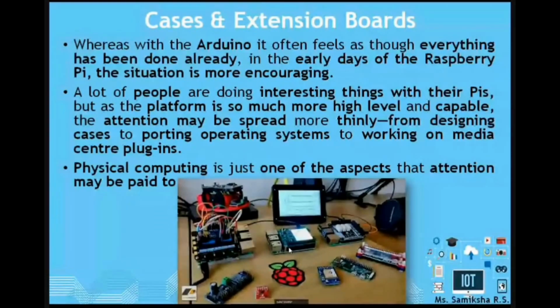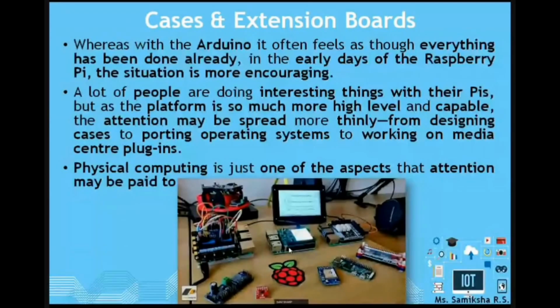Because this platform is so much capable, its performing capabilities, its features, functionalities are all similar to a computer system. So the invention scope, it not only got limited to designing the cases, but it was spread to how the porting of operating systems can be done, how media center plugins can be implemented.